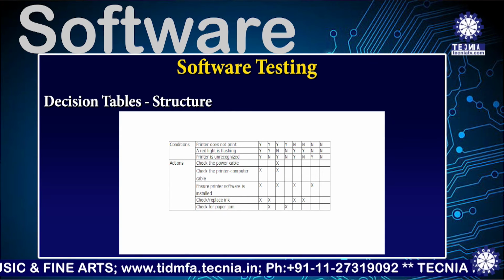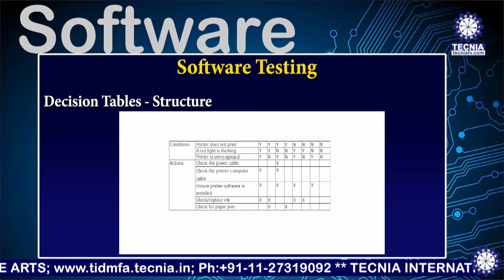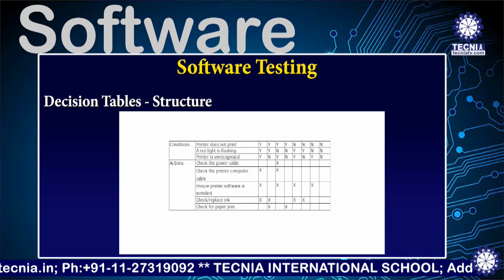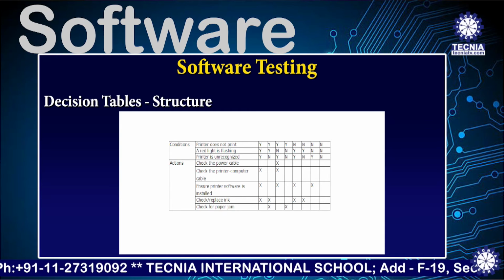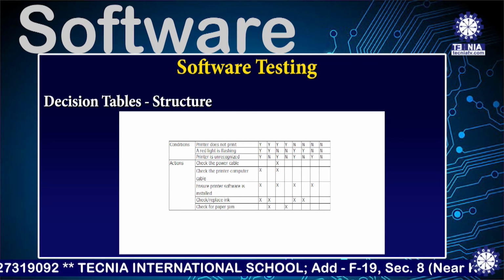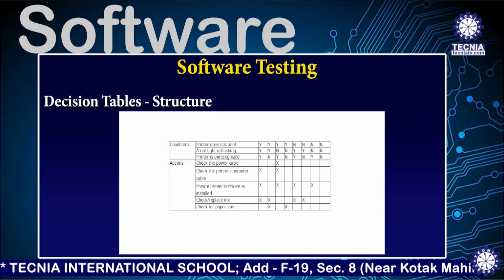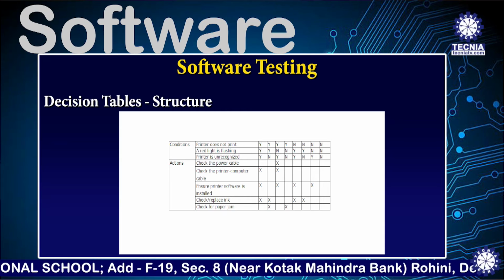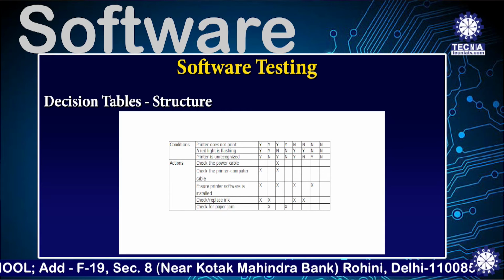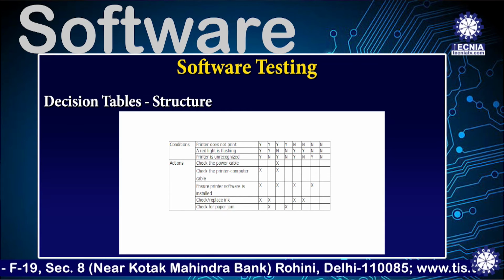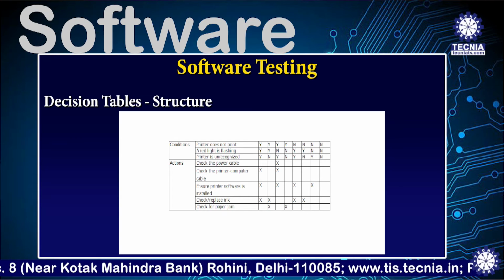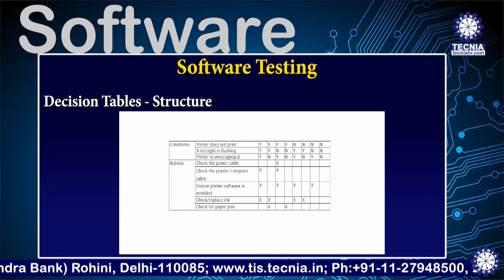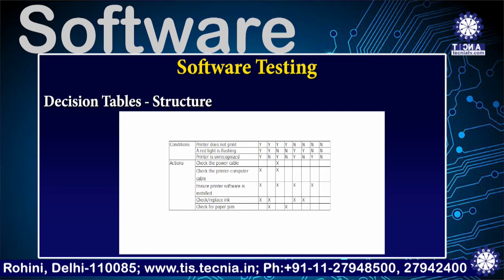Sometimes we give a print command and it is executed, and sometimes the print command is not executed. If the print command is not executed, that means there is some problem, there is some error. So what are the various types of errors which may be there due to which printing is not done? If we write these problems in a table, then that table is known as a decision table.